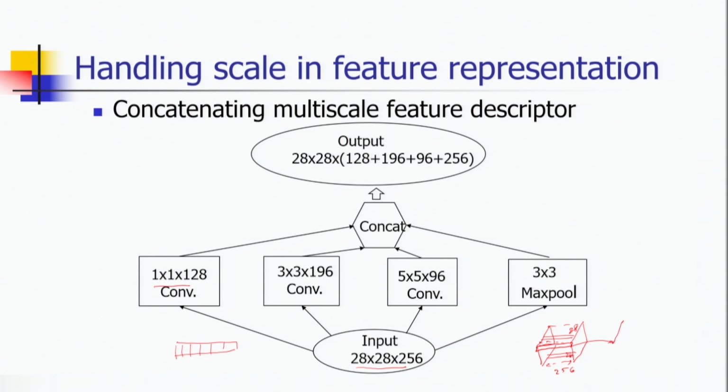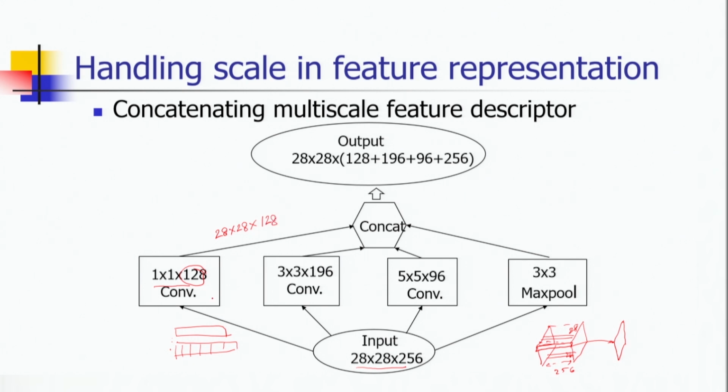Finally it will give you a 28 cross 28 output. That is the activation map. But if you consider there are 128 such 1 cross 1 filters, each one will give you this output. So what would be the output in that case? This output would be 28 cross 28 cross 128.